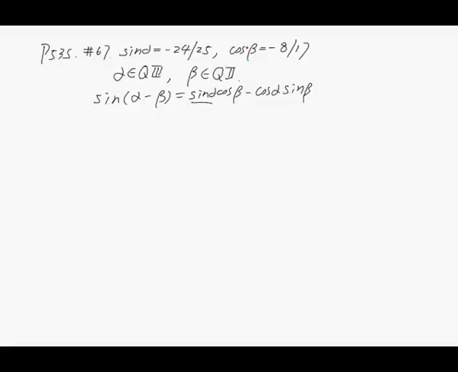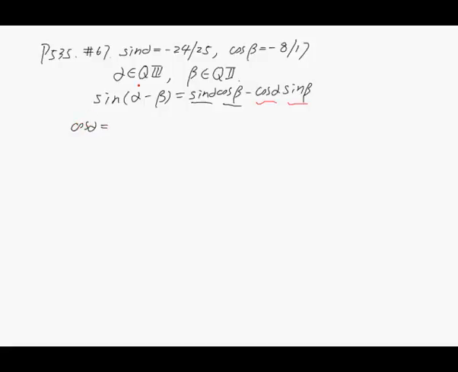And we also know this cosine beta. Then we need to find cosine alpha and the sine beta. So now let's use the fundamental identity to find these two function values. So first, let's find the cosine alpha.